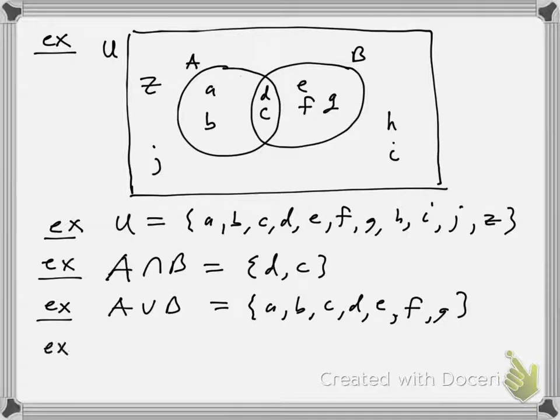So now I could mix it up here, and I could go, hey, what is A complement? Well, that's all the things that are in the universe that are not in A. Let's look at that. So basically, I'm going to take all the stuff outside of that circle.